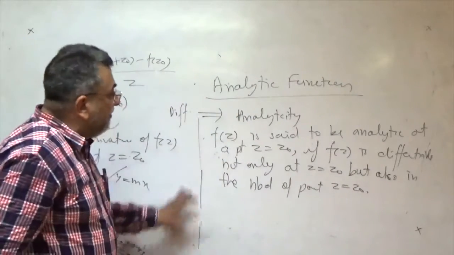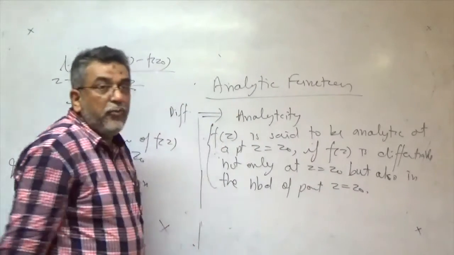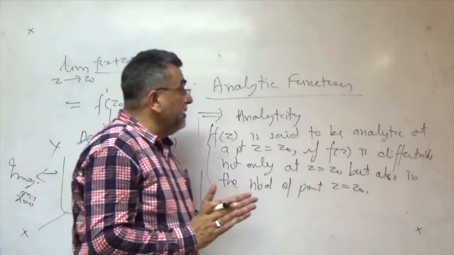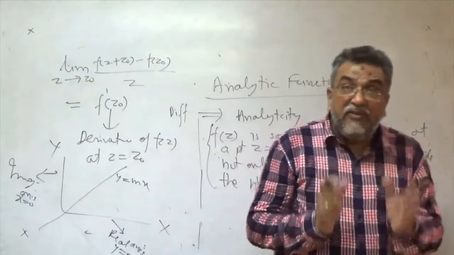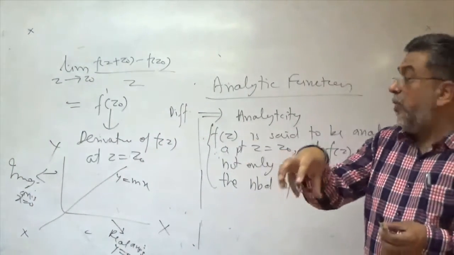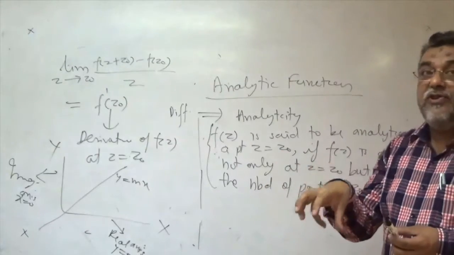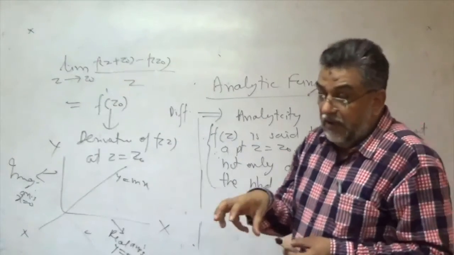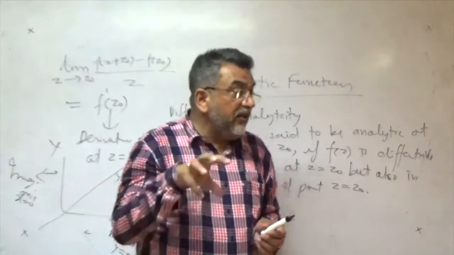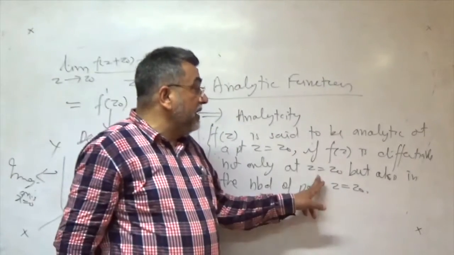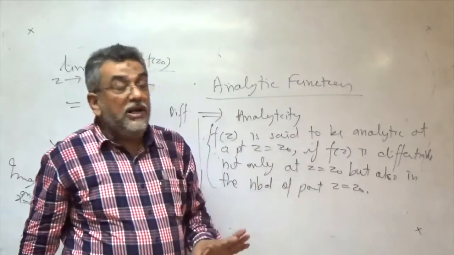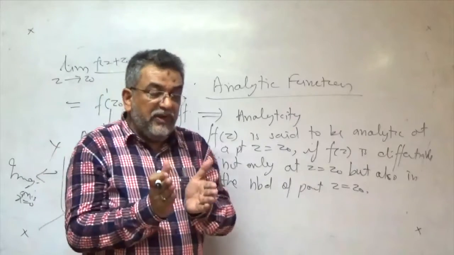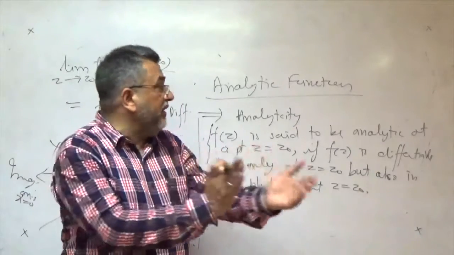This is the main definition of an analytic function at a point. A function being differentiable at a particular point is not sufficient for analyticity, but the function must be differentiable at that particular point and also in the neighborhood of that point.